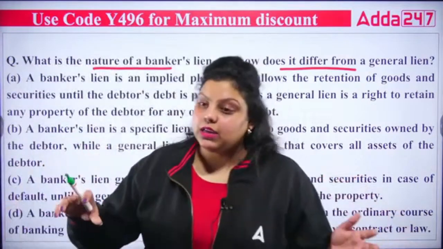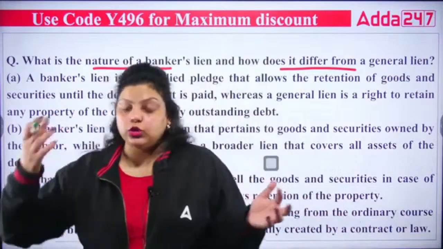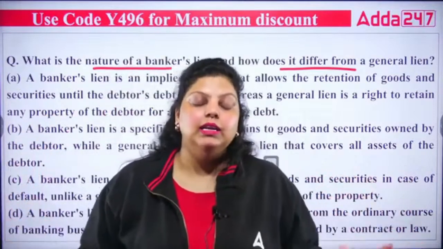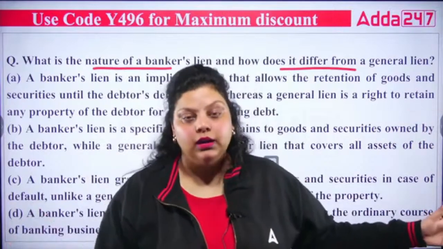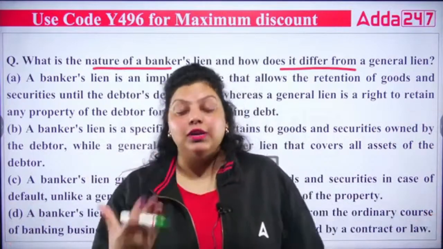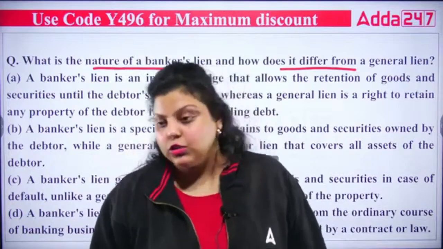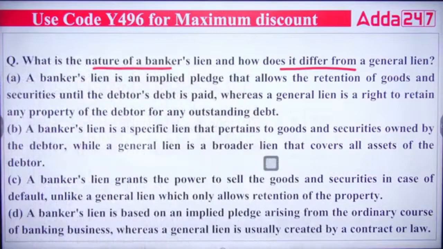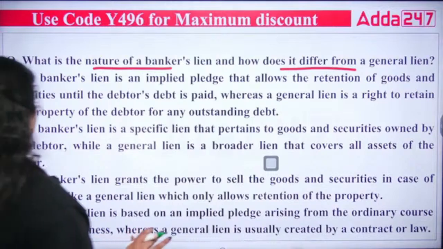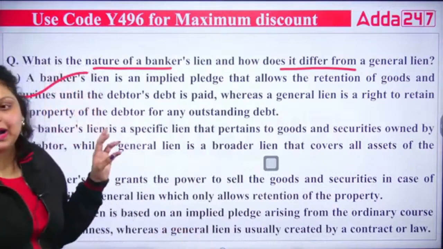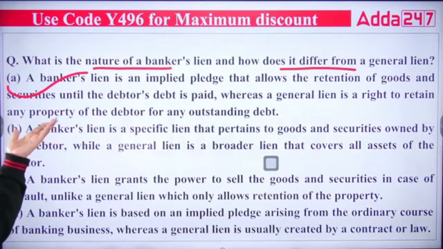Whenever a customer is taking a loan, whatever collateral or security the customer is giving to the bank, that gives the implied pledge to the bank. Until and unless the customer repays the whole amount of the loan, you can have the possession of that particular asset or security. Okay. Now if I read the first statement, this is true, because the banker's lien is actually implied and allows the retention of goods.